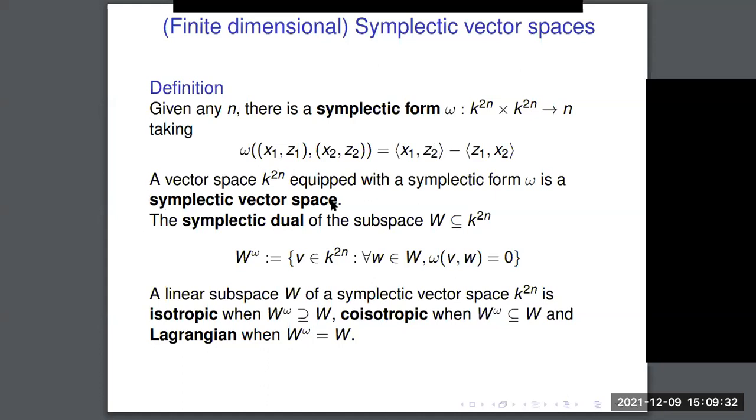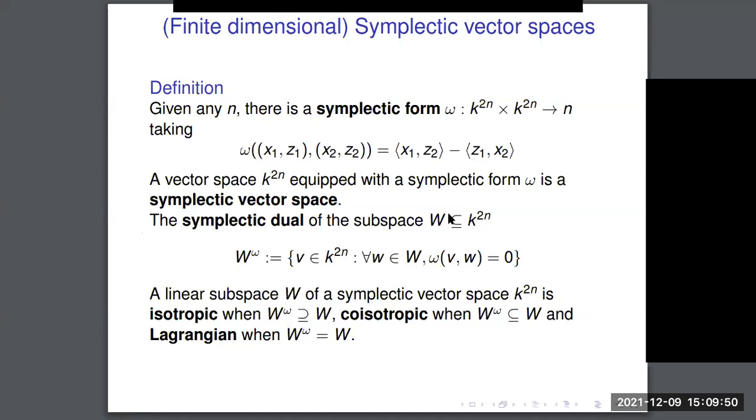So a finite dimensional vector space with a symplectic form is always isomorphic to one of this particular form, and you call a vector space equipped with a symplectic form a symplectic vector space.